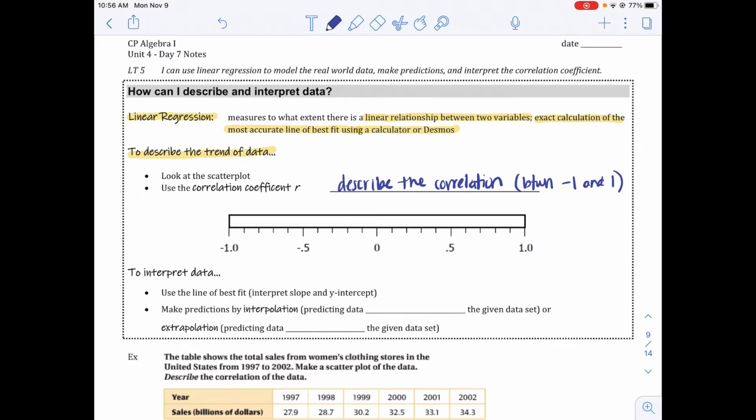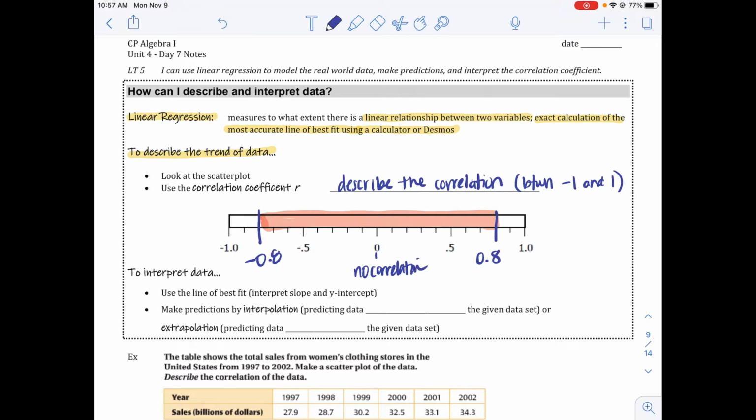Okay? And so when we interpret it, we're going to use the following guidelines. So if it falls between -0.8 and +0.8, if it's in the middle, it's 0, there's no correlation.